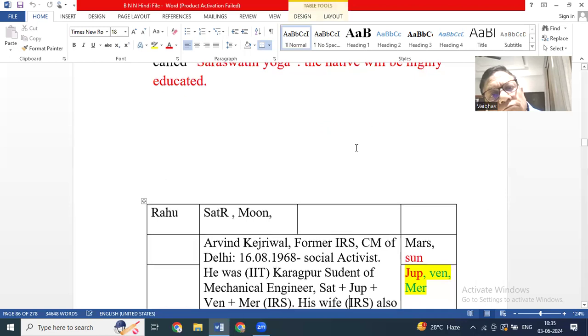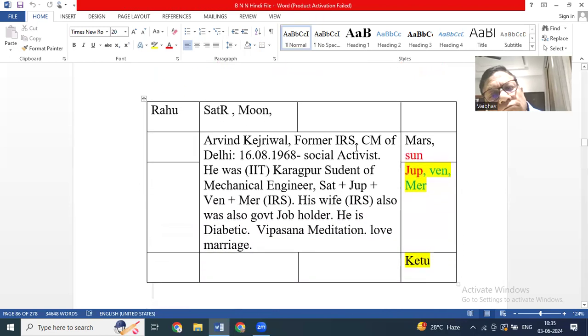This is Arvind Kejriwal's horoscope. Saturn, by being retro, is connected to Sun. So this is government and government job and politics both. And why was he chief minister?